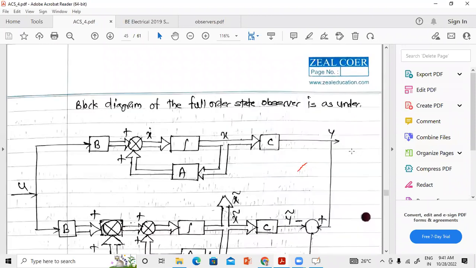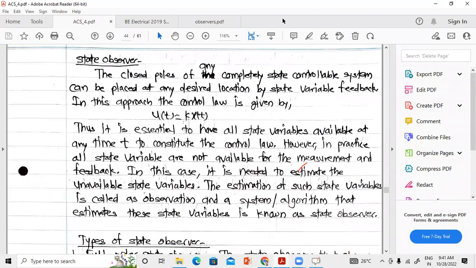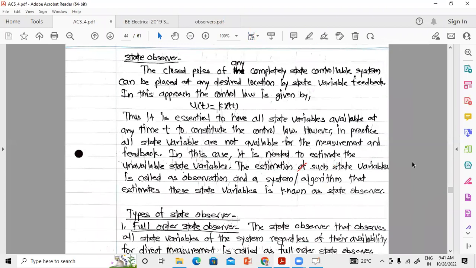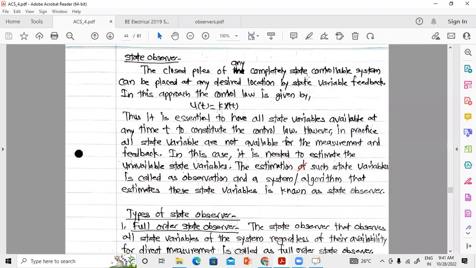Okay, so here this is your observer. The closed loop poles of any completely state controllable system can be placed at any desired location by the state feedback control u equal to minus kx.